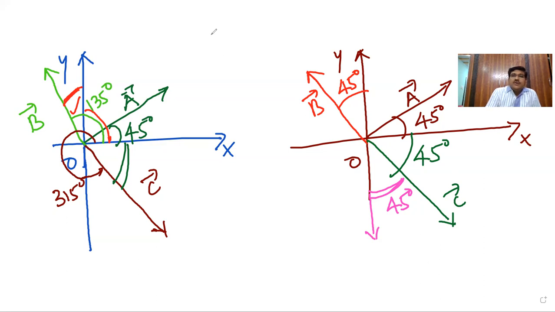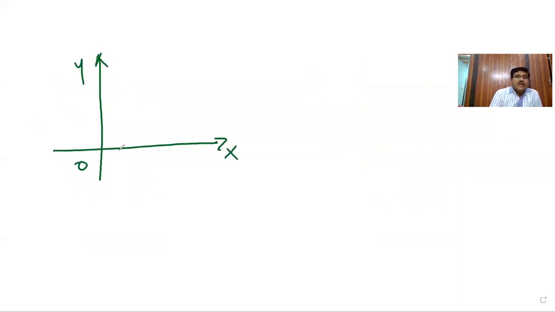Observe. Now we need the resultant of these three. X-axis, y-axis, origin. I take up the first vector only, A bar, 45 degrees. Now I need its x component. What is its x component?